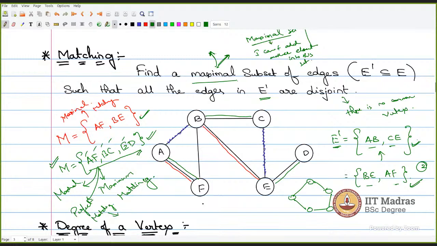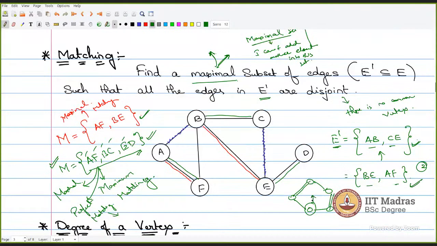Every vertex needs to be covered. If I choose this particular edge in my matching, and I can choose this particular edge in my matching. Now, if I choose these two edges, I cannot choose any other edge, and this particular vertex will always be left out.